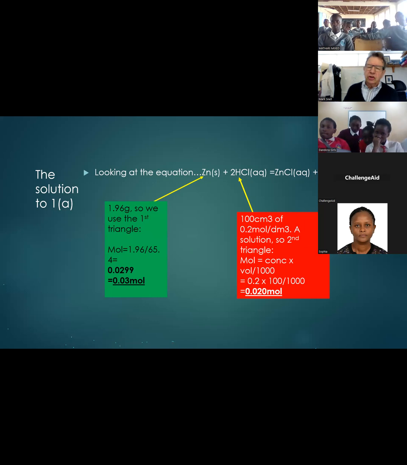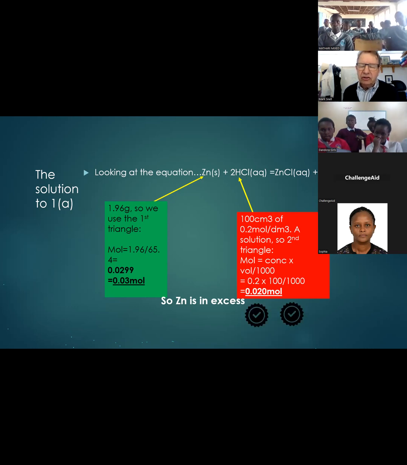Moles equals concentration times volume over 1,000. So that's 0.2 times 0.1, which is 0.02. So 0.03 over here, 0.02 over there. There is more zinc. Okay? That's how you do it to start with. And then you say, okay, that's 2 marks.